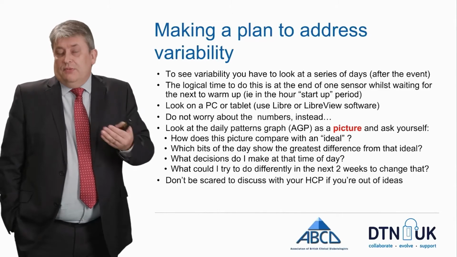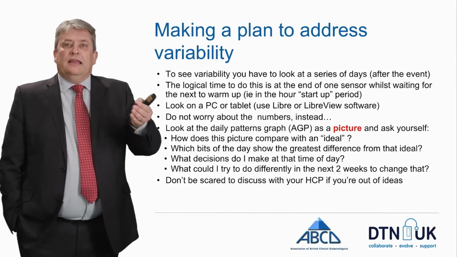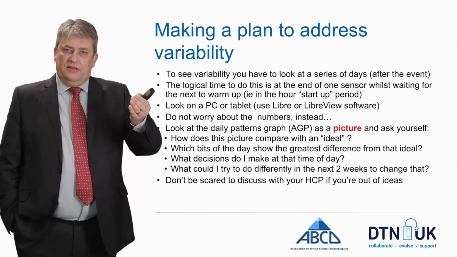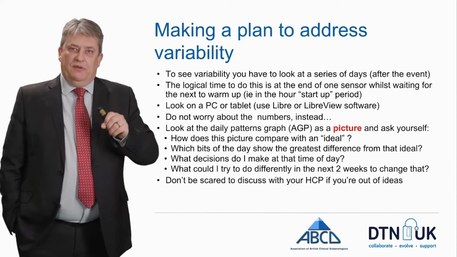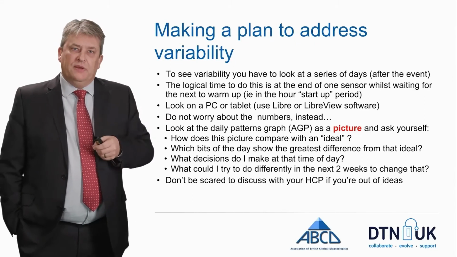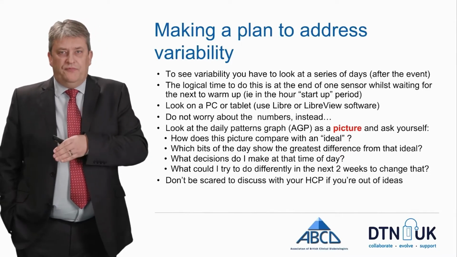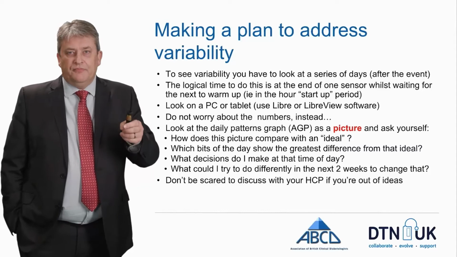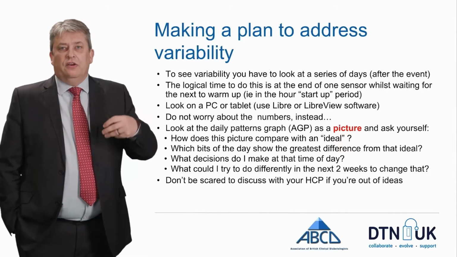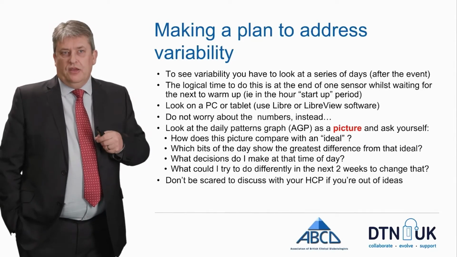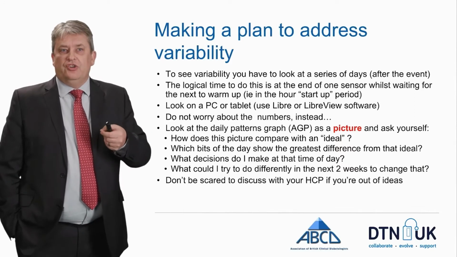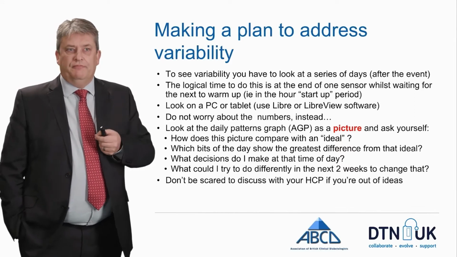And the logical time, at least in my view, to do that is in the gap between two periods of sensor wear, in that hour warm-up period before the sensor picks up again. It's easiest to look at it not on a phone screen or a reader screen, but on either a tablet or a PC, so that we can see more of the information and in more detail.